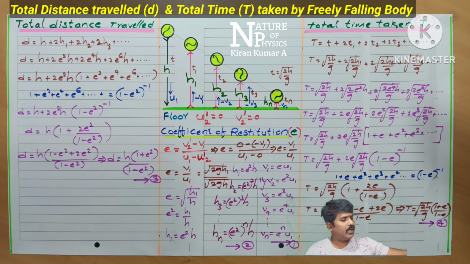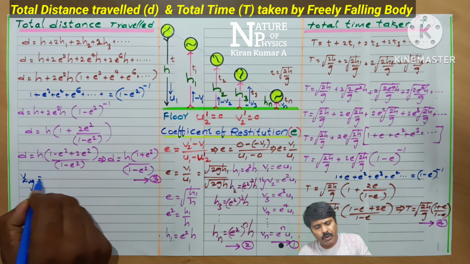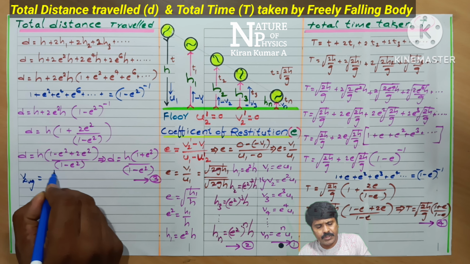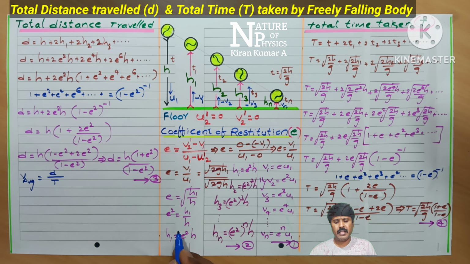So I can write average speed v average, which is equal to total distance divided by total time taken. Average speed, bar is not represented, this is speed.